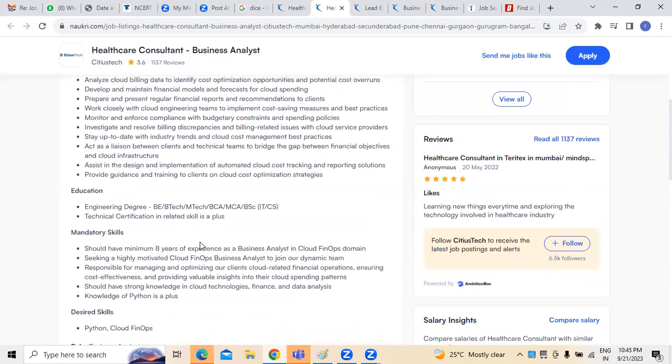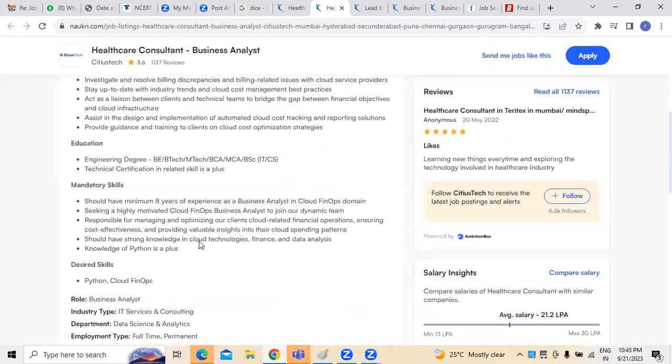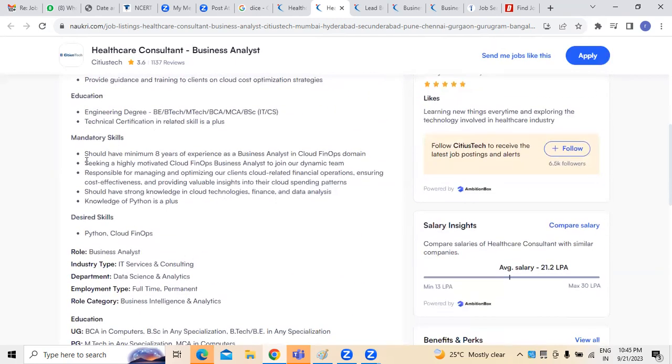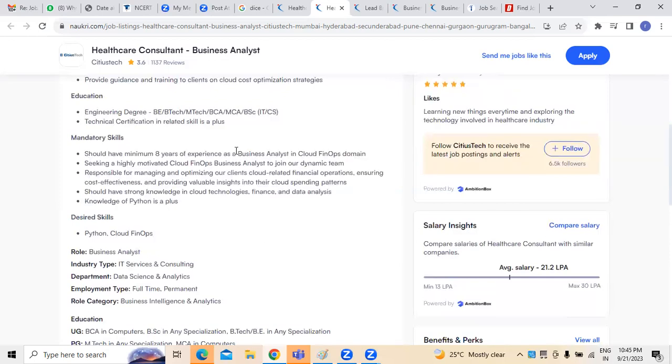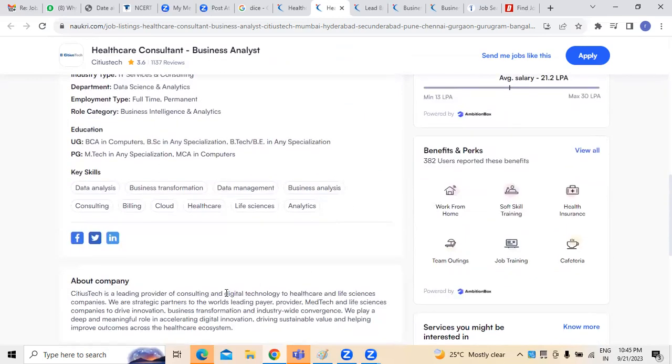So this company requires business analysts who have experience in these areas. First of all, they want a business analyst. There is a domain especially called CloudFin operations, because they are working on digital technology.